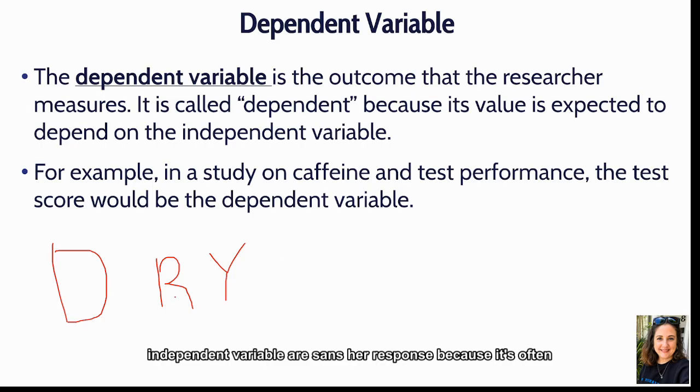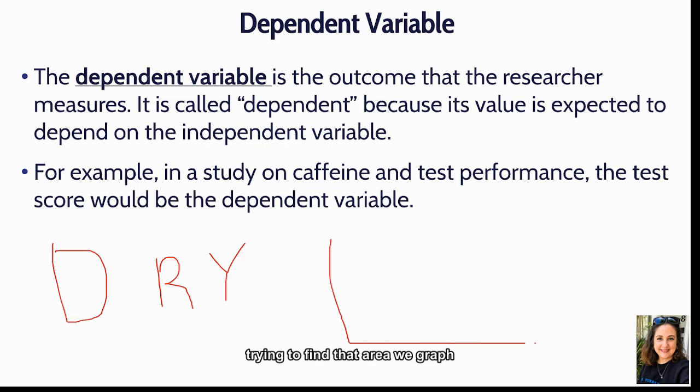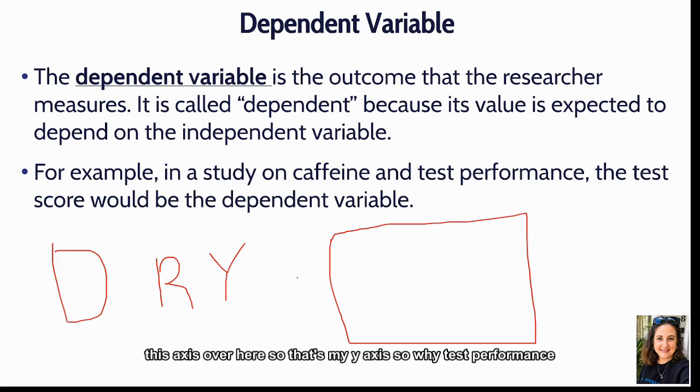R stands for response because it's often called the response variable. You're giving a dose, you're expecting a response. And then we also graph the response or the dependent variable on this axis over here.